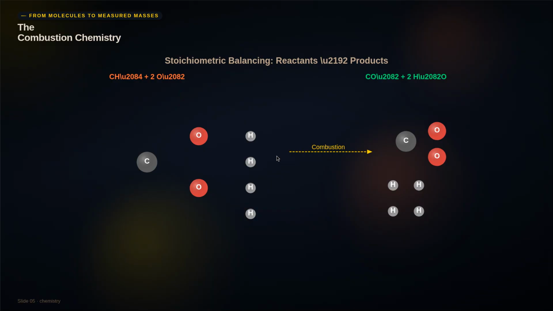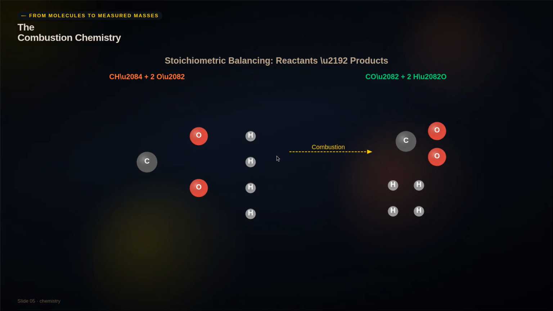Each CO2 molecule contains exactly one carbon atom, and each H2O molecule contains exactly two hydrogen atoms. This is what makes the calculation possible. The stoichiometry is 1-to-1 between carbon atoms and CO2 molecules, and 2-to-1 between hydrogen atoms and H2O molecules.